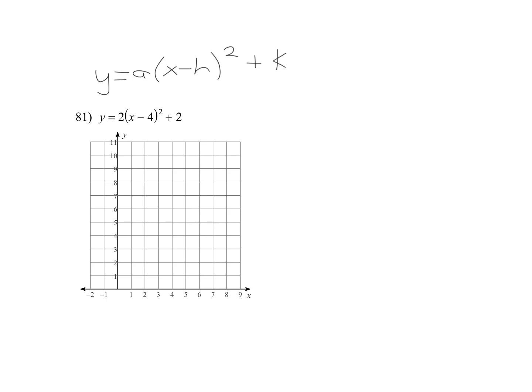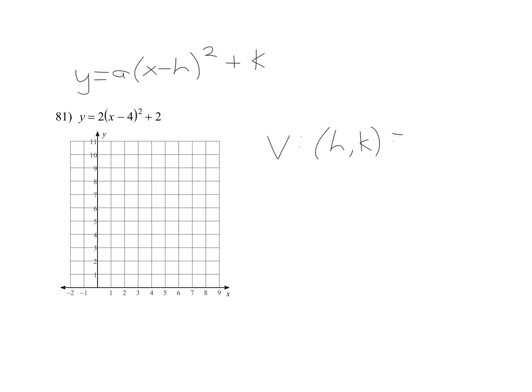So our vertex this time, what letters stand for our vertex? H and K. What do I have to remember to do? Flip the H. Yep. So in here it says -4. So out here I want 4. And then my K value is 2. So my vertex this time is 4, 2.